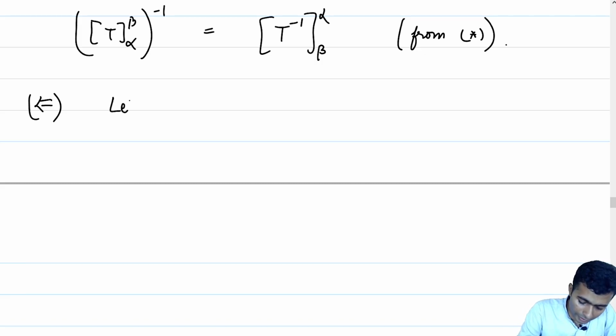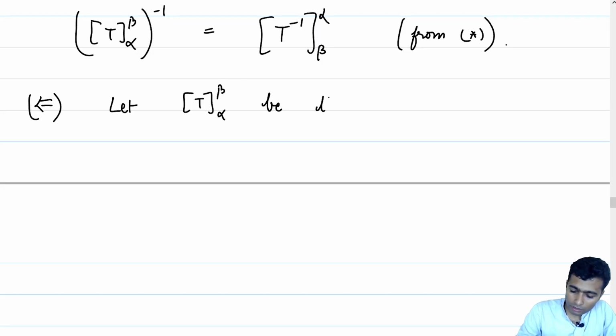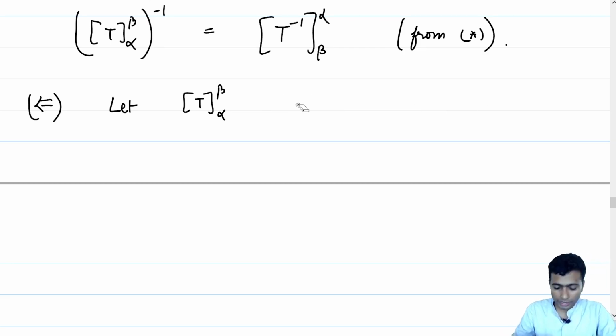Okay, so let T alpha beta be the matrix of T, of course this is the matrix of T with respect to alpha beta. Let me not write that again and again.